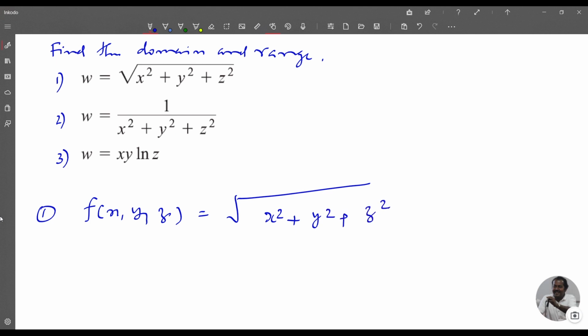We know that this is defined for all x, y and z. Therefore, domain is R3, the three-dimensional space.